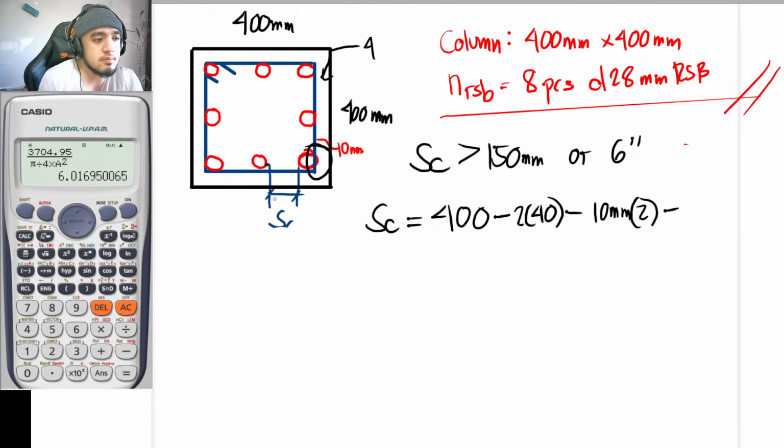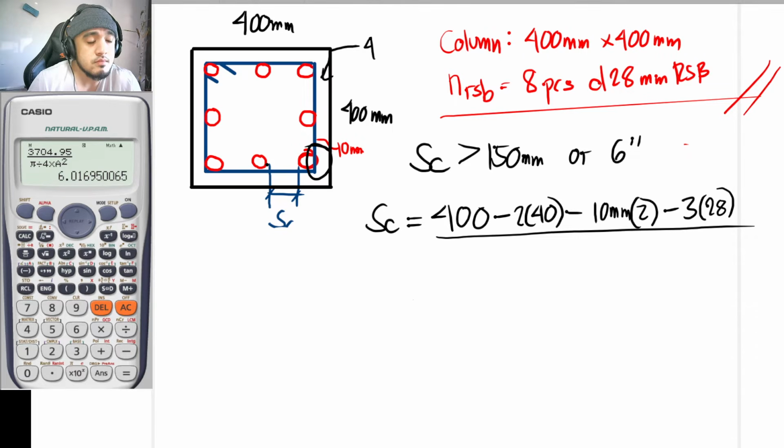And we would also be subtracting the dimension that is covered by your steel rebars. So that is to be 3. So as you can see, we have 3 here. So 3 times the diameter of rebar, 28. So this was already derived in the previous meetings. Okay. So divided by n minus 1, so n is 3, minus 1.